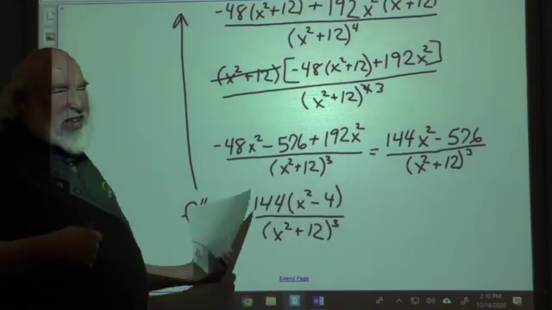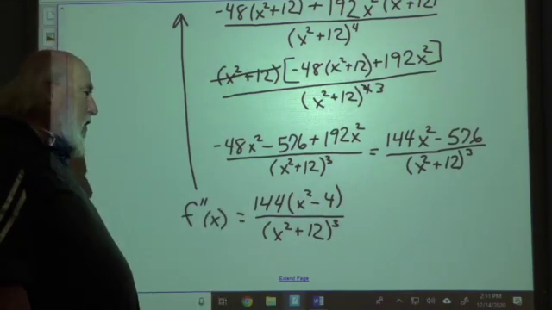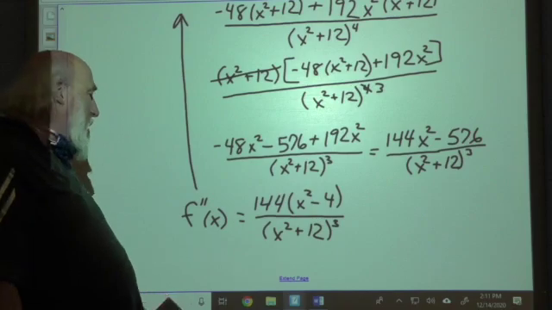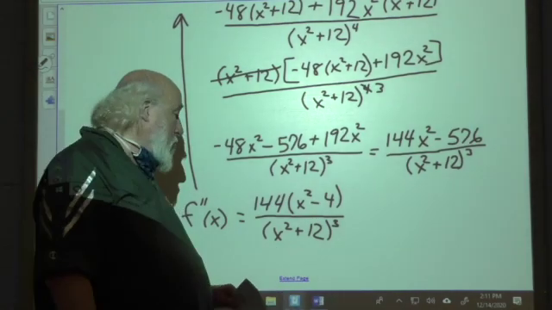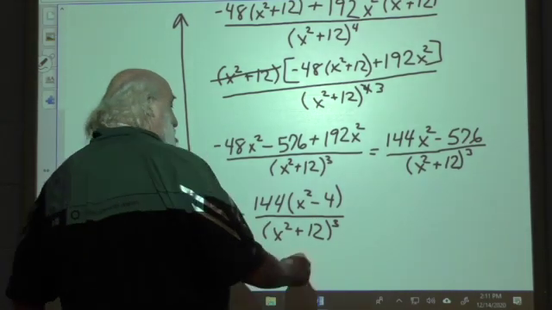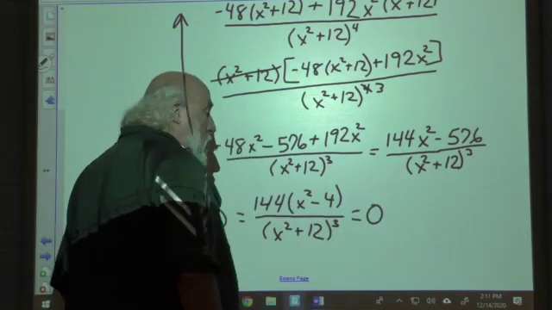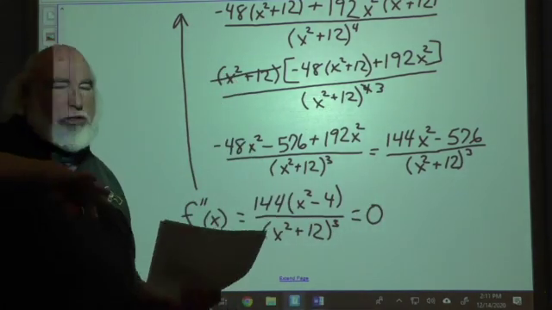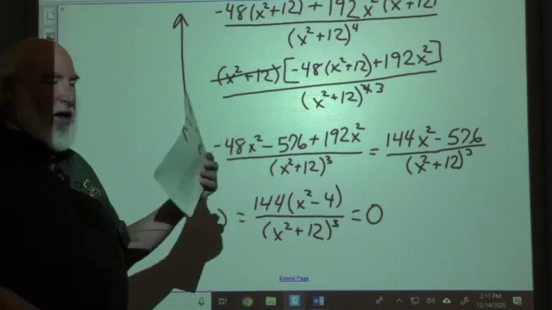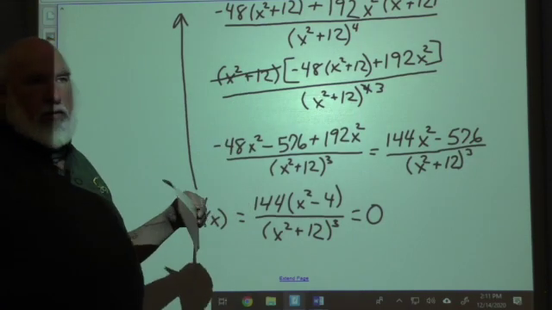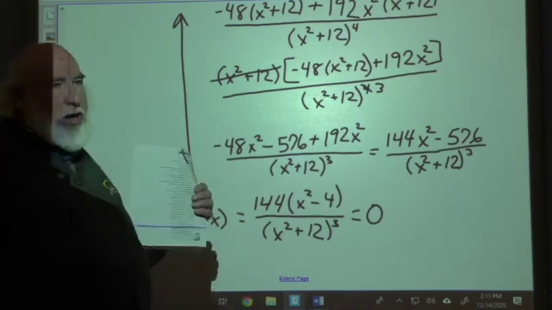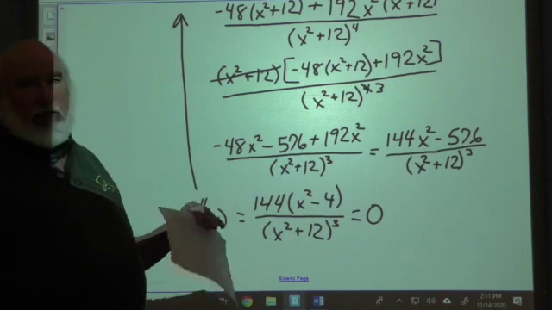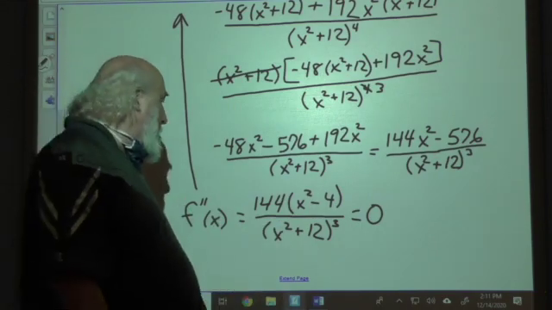This actually makes it easy to figure out, but you don't have to do that unless your professor tells you to. So this is what we're going to use, and we're going to set that equal to 0 to determine the points at which it changes from negative to positive or positive to negative for the f double prime, which is concave up or concave down.